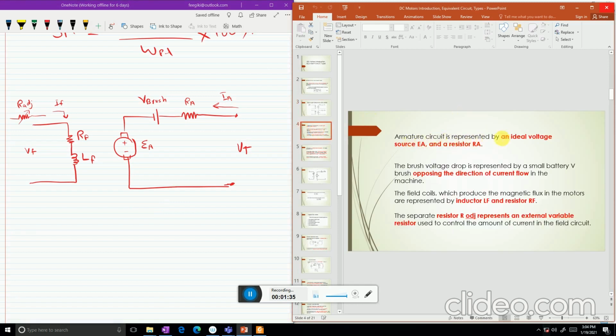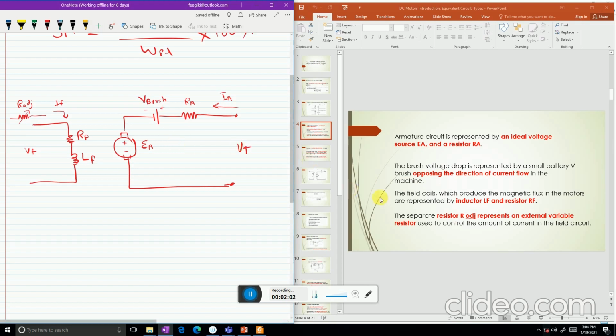The armature circuit is represented by an ideal voltage source EA and a resistor RA. The brush voltage drop is represented by a small battery V brush, which opposes the direction of current flow in the machine.